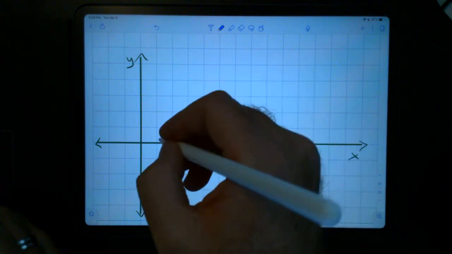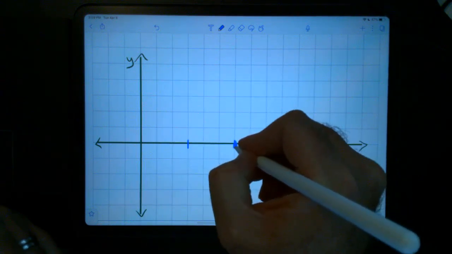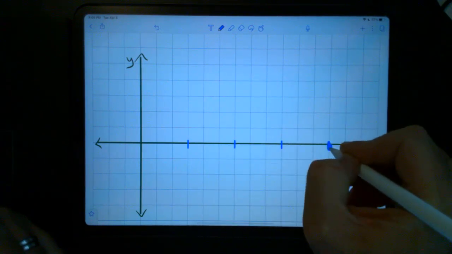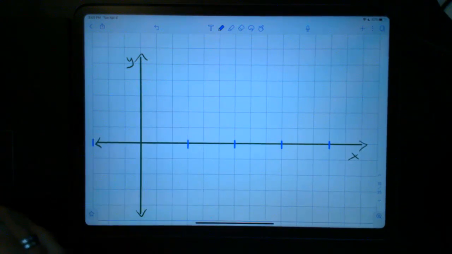So since pi over 6 is an asymptote, let's do these in just in case I get that far.